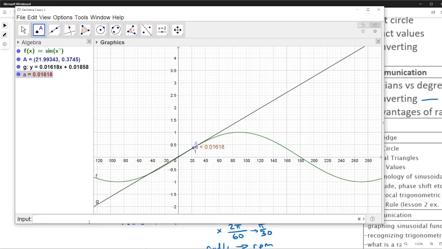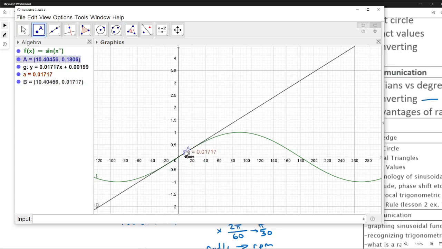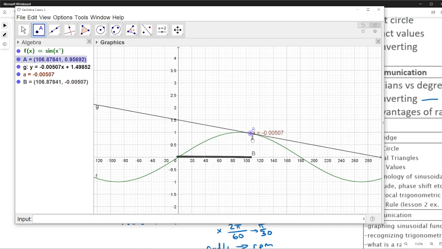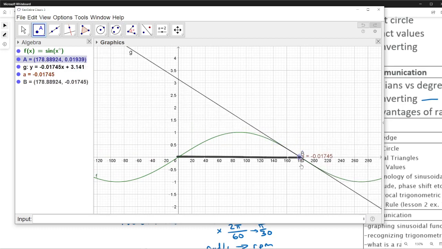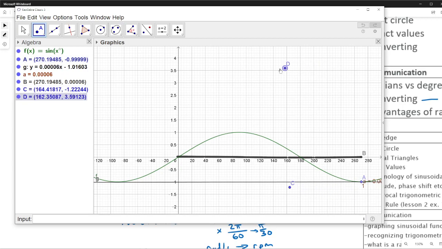Now, suppose I made a second point that had the same x value as A, but as a y value, instead it tracked the rate of change. I'm going to trace this. Now watch the rate of change. It's positive, positive, positive. It goes to 0. It becomes negative, negative, negative. It goes to 0.